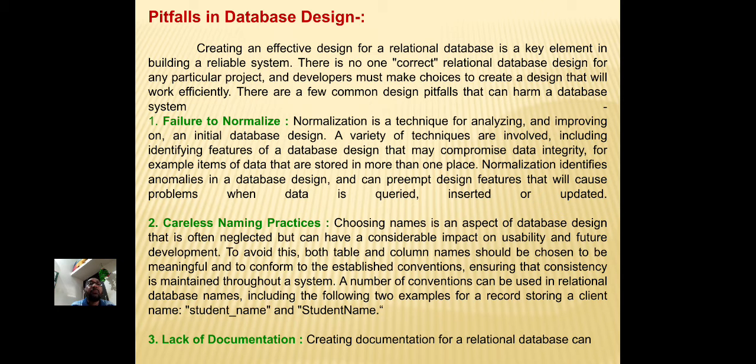A number of conventions can be used in relational database names, including the following two examples for a record storing a student name. The difference is here: student underscore name and studentName.